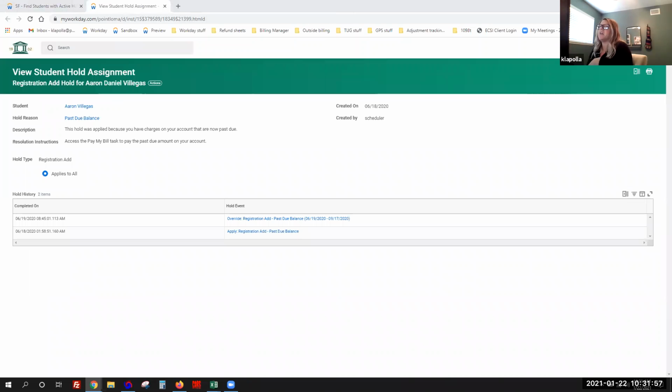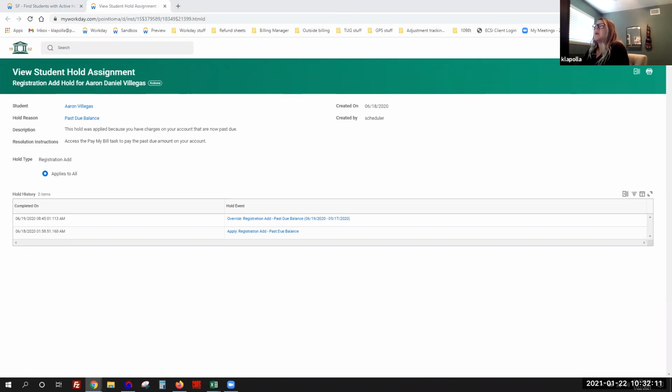The difference between the three of these: override hold basically allows you to, even though the student has a past due balance, say VA was a perfect example going into fall 20, we had all this anticipated aid that we knew was coming in CS, but it actually didn't live there quite yet. So it was like the student had a past due balance, but they really didn't because their balance was paid.